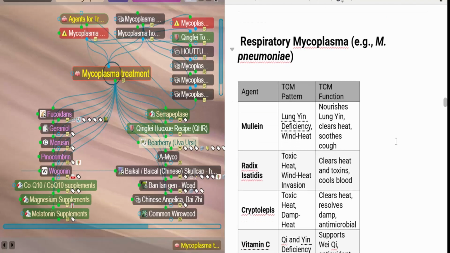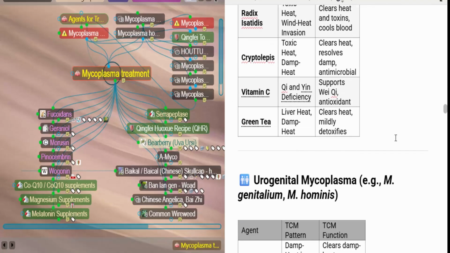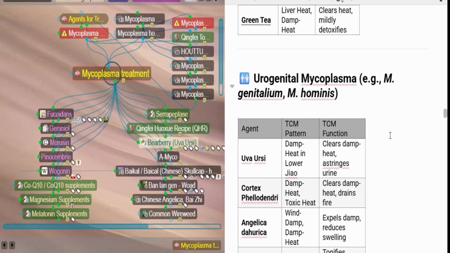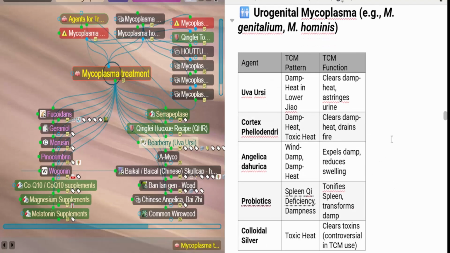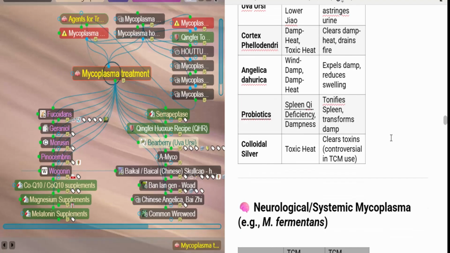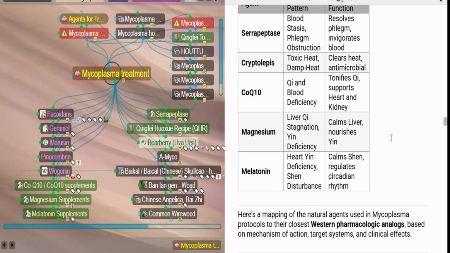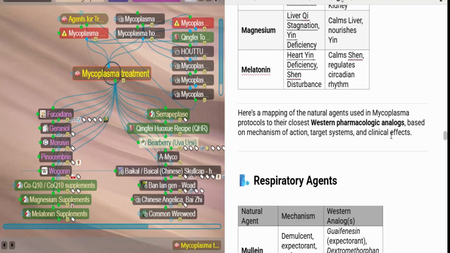So there are a couple of different frameworks here for practitioners to use. And we go through the same thing with TCM view of urogenital Mycoplasma, neurological, and then Western pharmacological analogs are also included.